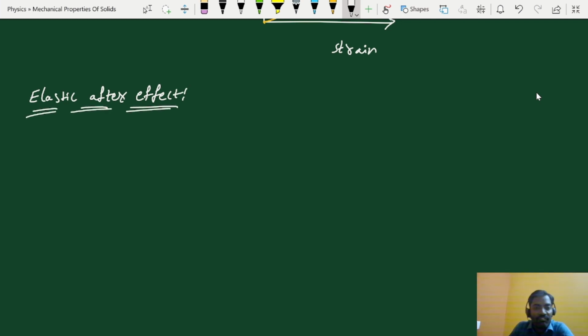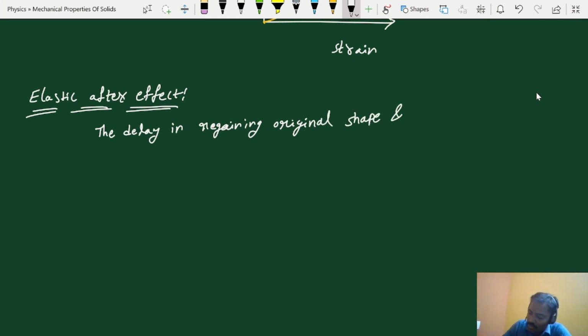Elastic after effect is nothing but the delay in regaining the original shape and size of a material body.